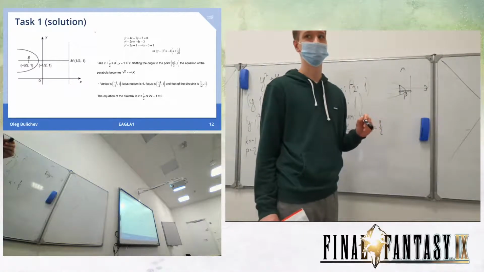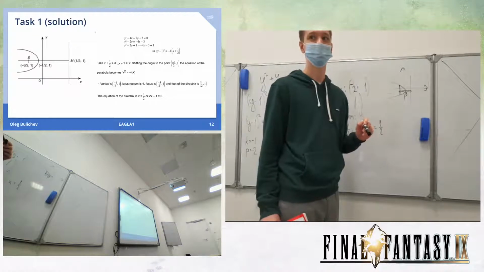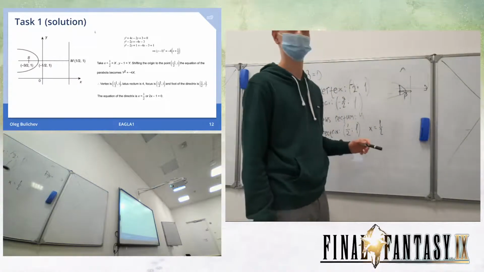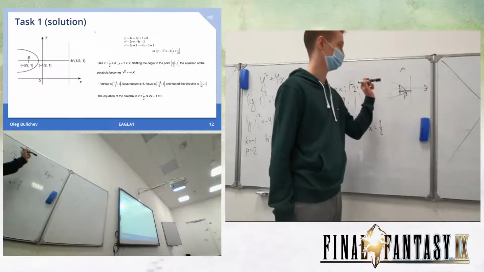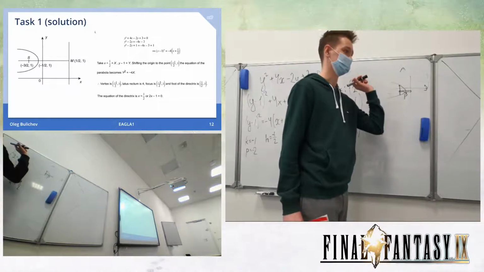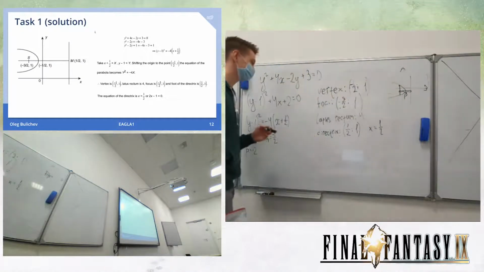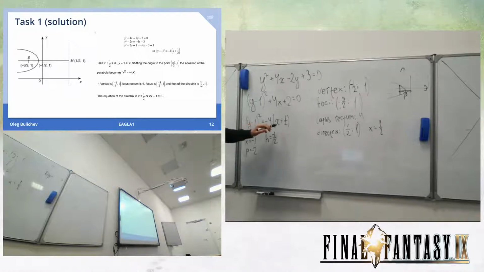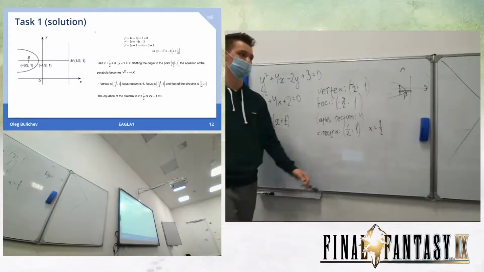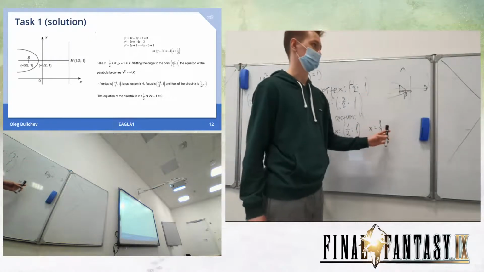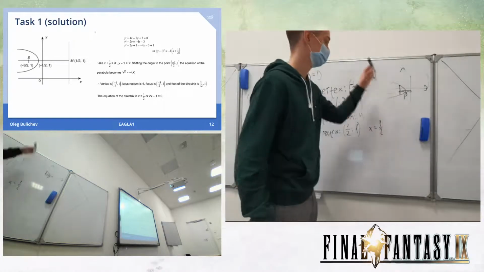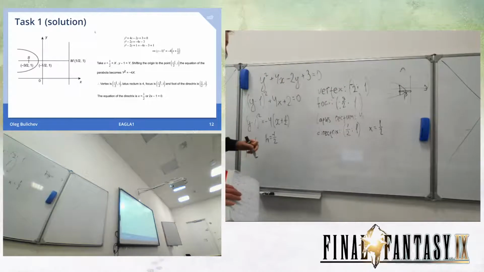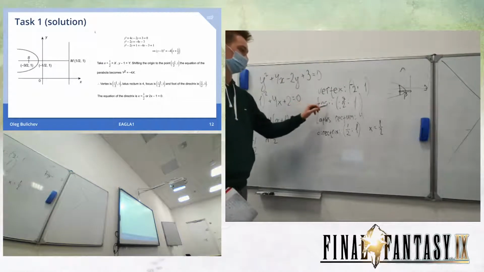And if we have an x squared, our parabola will sit on the y-axis.